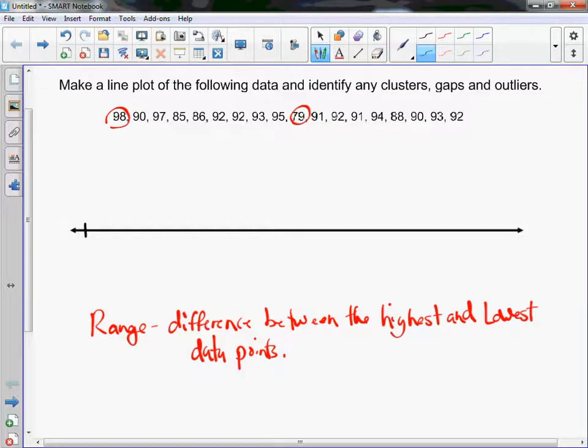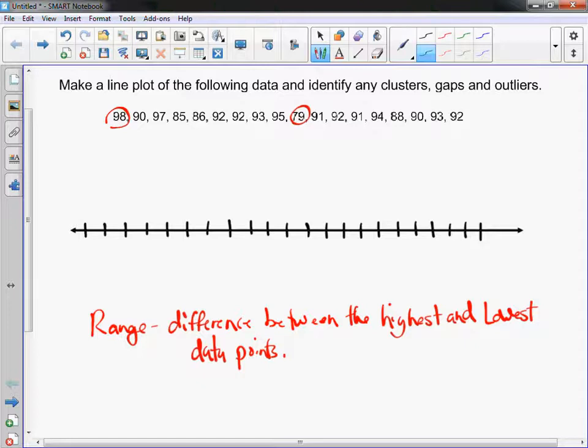We don't need to waste the extra spot here. 79, 80, 81, 82, 83, 84, 85, 86, 87, 88, 89, 90, 91, 92, 93, 94, 95, 96, 97, 98, 99, 100. I have plenty of space on there for the graph.